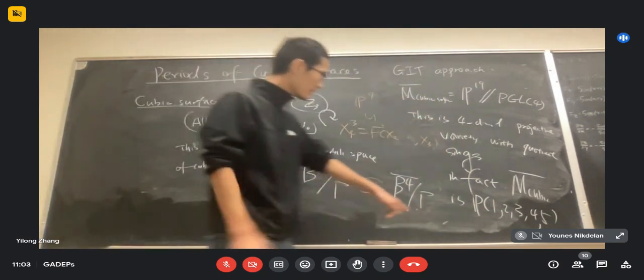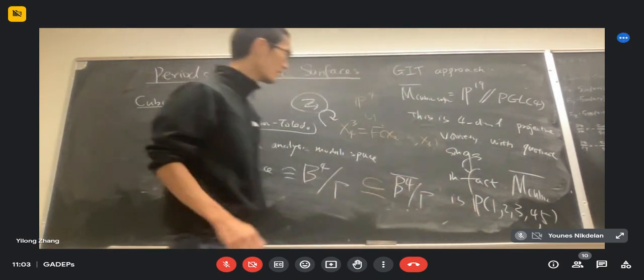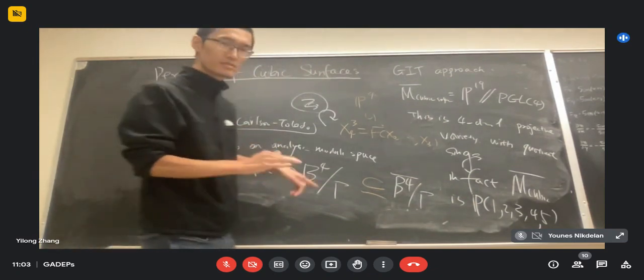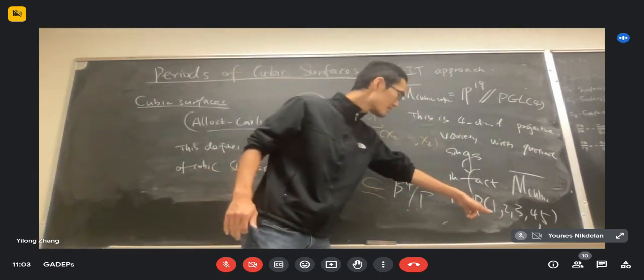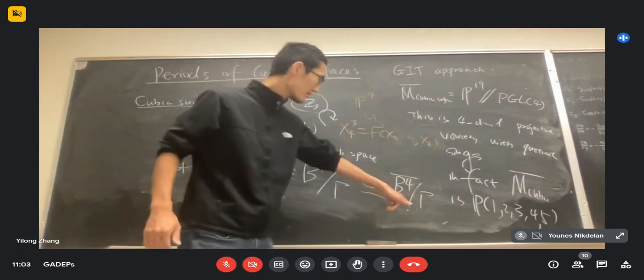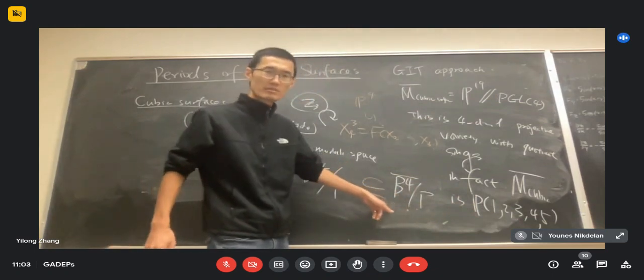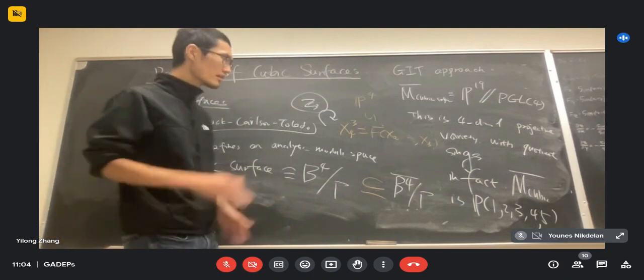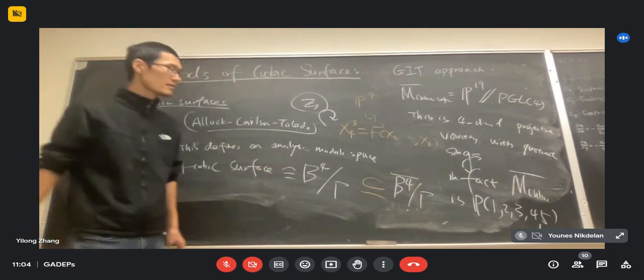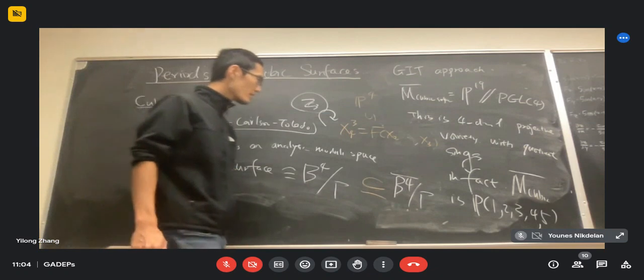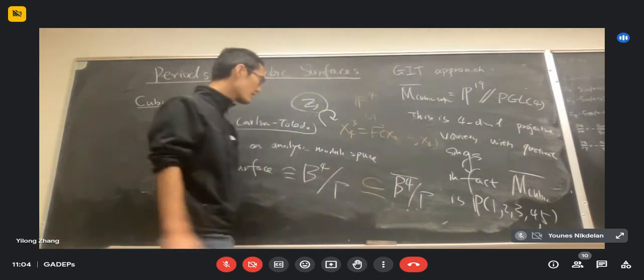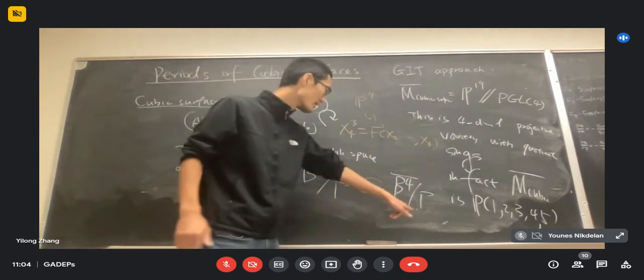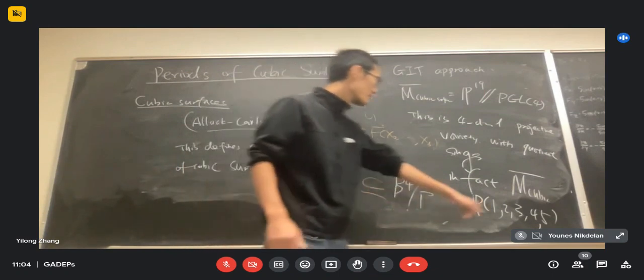And also, I don't know which name to cite, but this GIT moduli space and the analytic moduli space of Baily-Borel compactification actually coincide. It's the same as the Hilbert curve case. When I say coincide, what I mean is that this is some analytic space, and this is some algebraic variety.